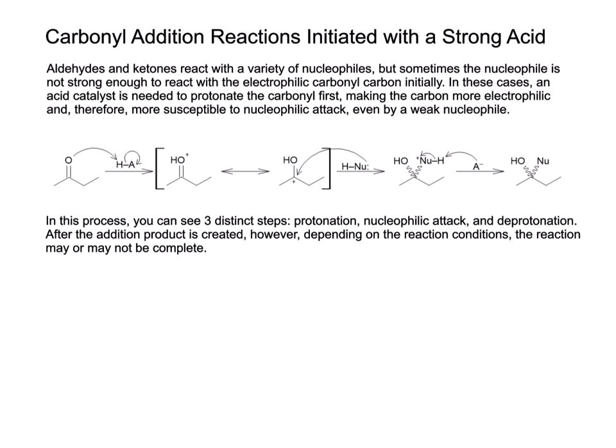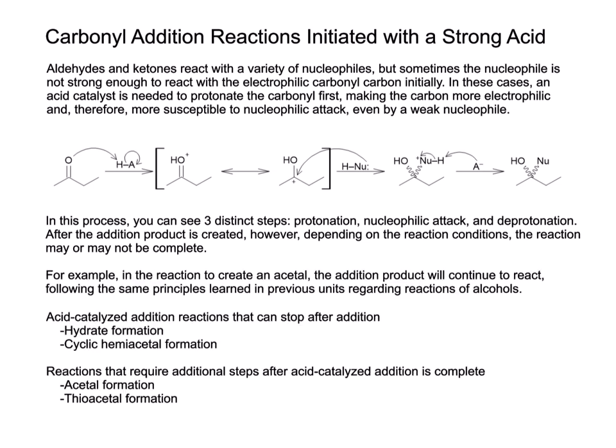Now, after the addition product is created, and depending on the reaction conditions, the reaction may or may not be complete at that point. For example, in the reaction to create an acetal, which we'll cover later in this video, the addition product will continue to react, following the same principles learned in previous units regarding reactions of alcohols.